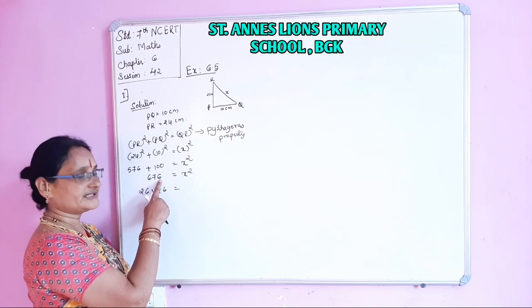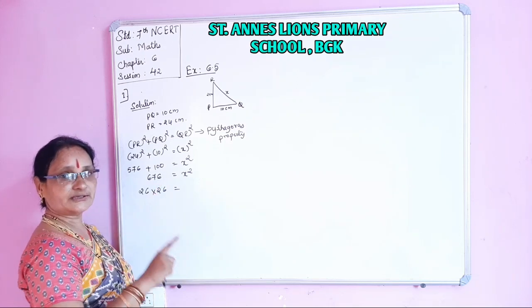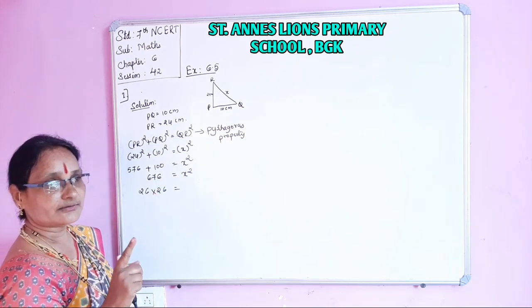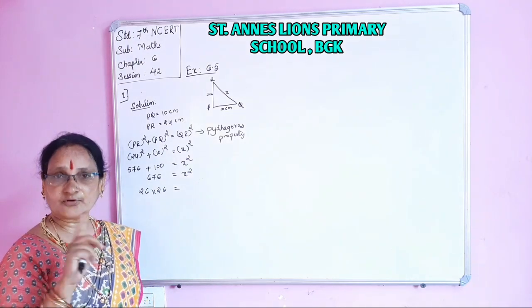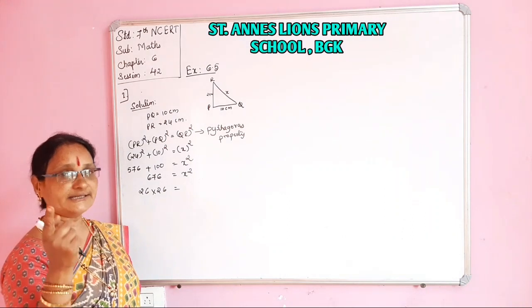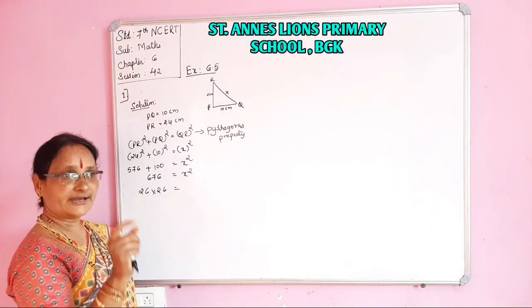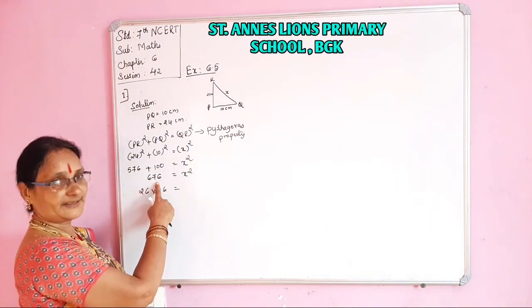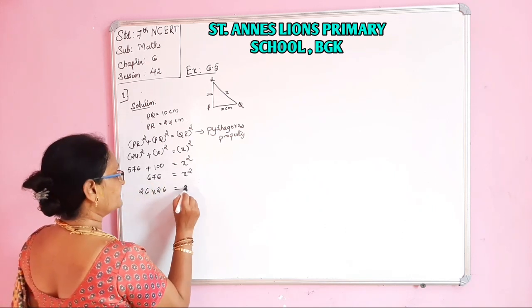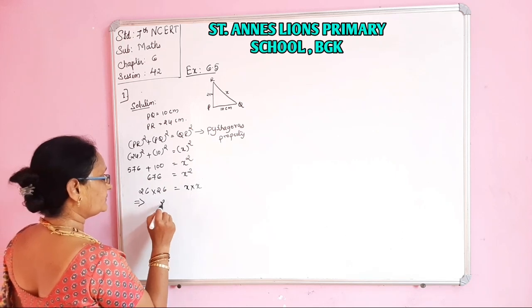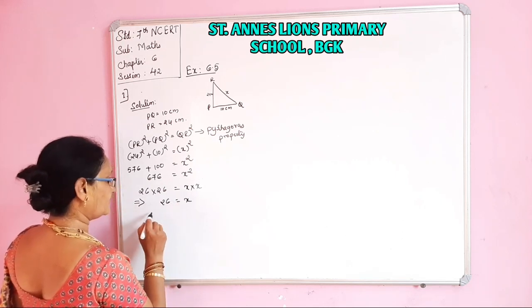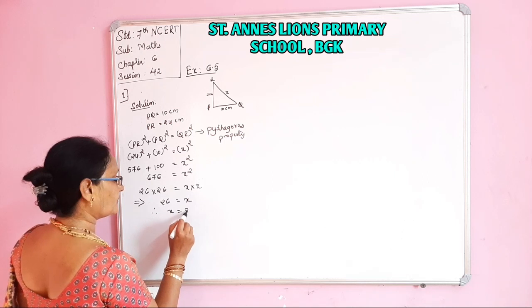It is ending with 6, so it must be the square of a number ending with 4 or 6. 4 4s are 16, 6 6s are 36. Like that you have to think and go on multiplying and get that number. This is nothing but x into x, so x is equal to 26.